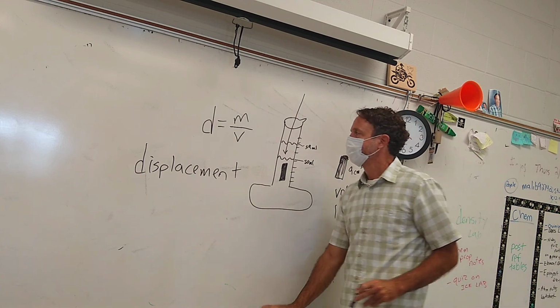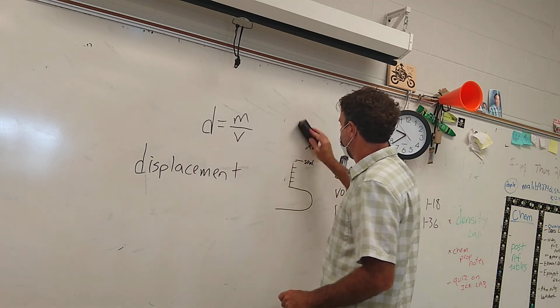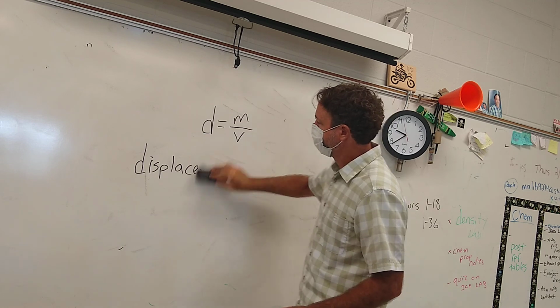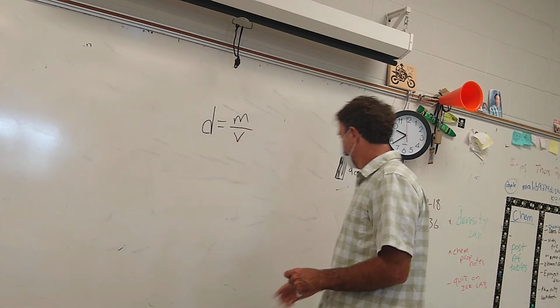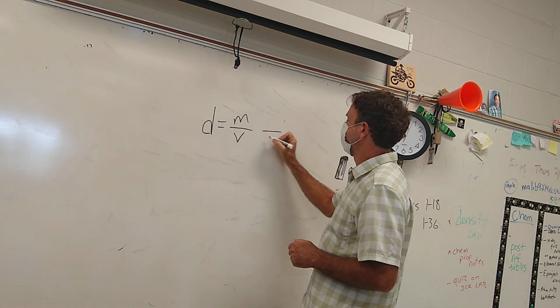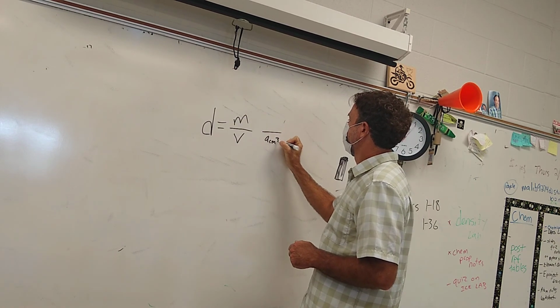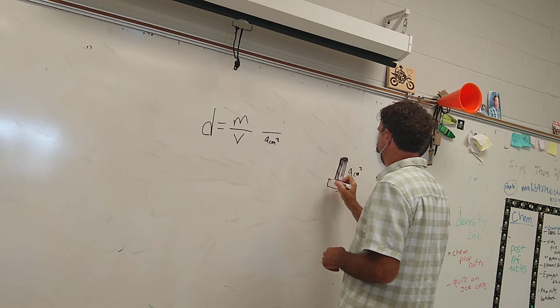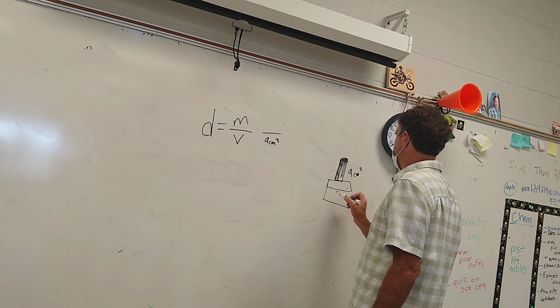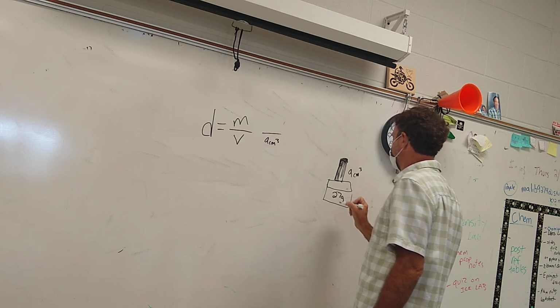And if you want to get the mass, just throw it on a scale. So we would know the size of that was 9 cubic centimeters. And then we can put it on a scale. And the scale might say, we'll say the scale says 27 grams.